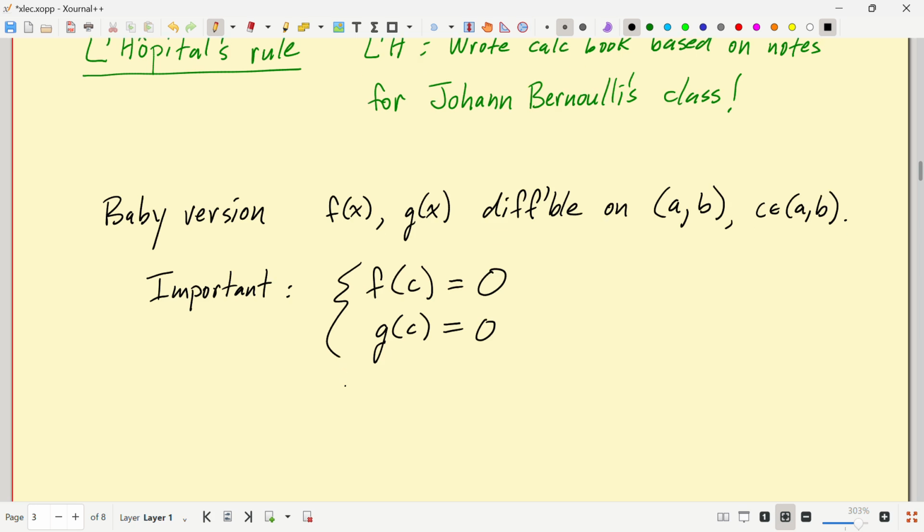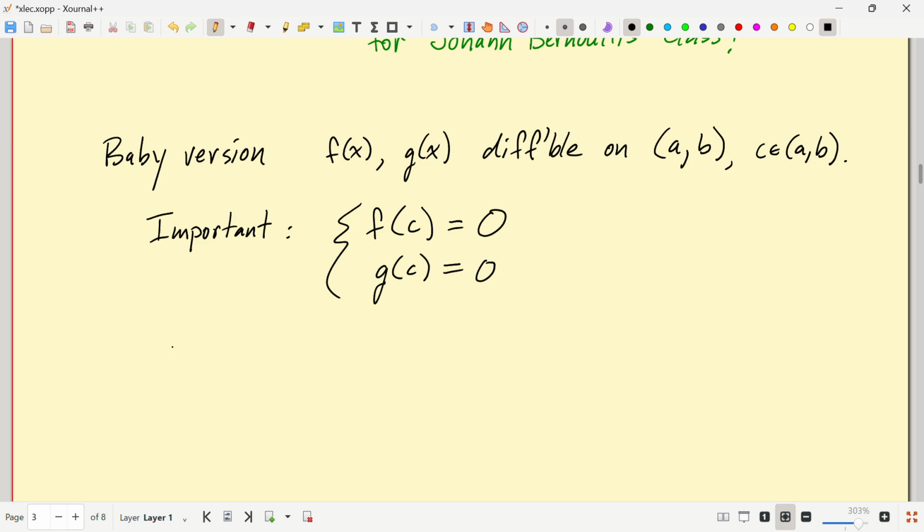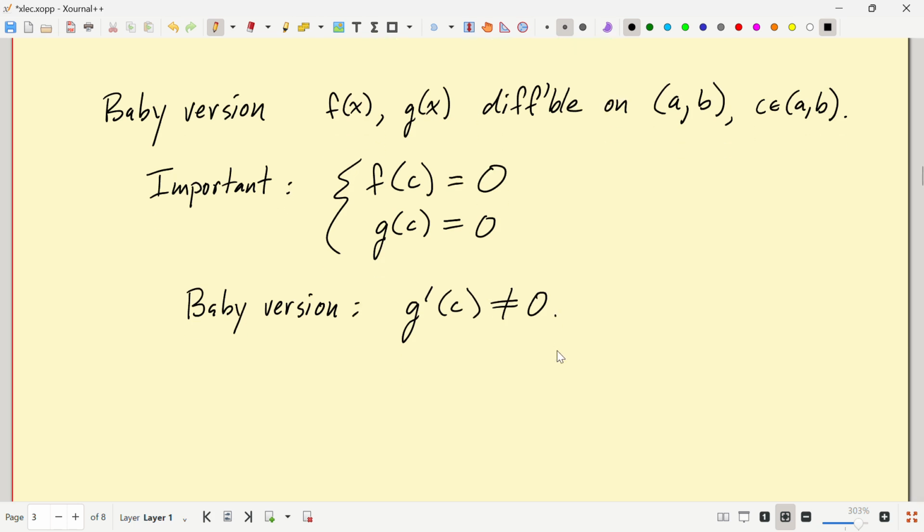And the baby version says that g prime of c is unequal to 0. Well, if g prime is unequal to 0, then g can't vanish nearby, because I can shrink down the interval.